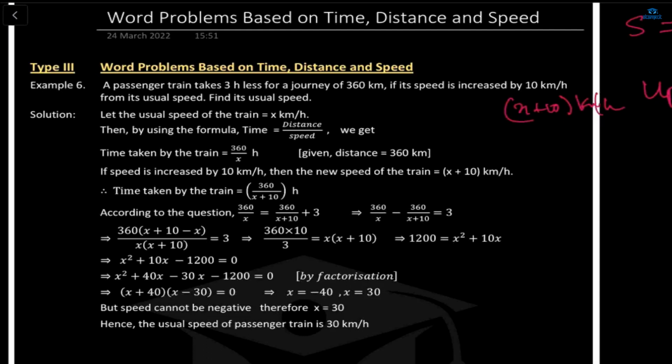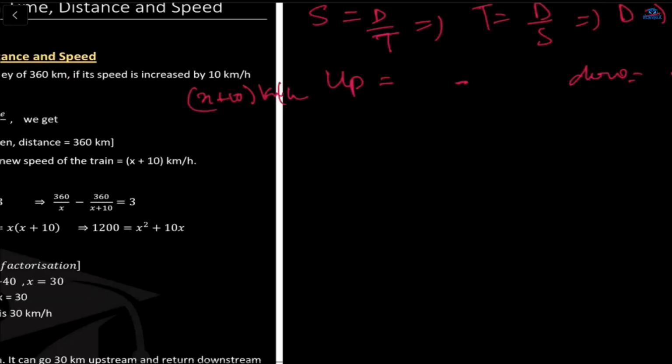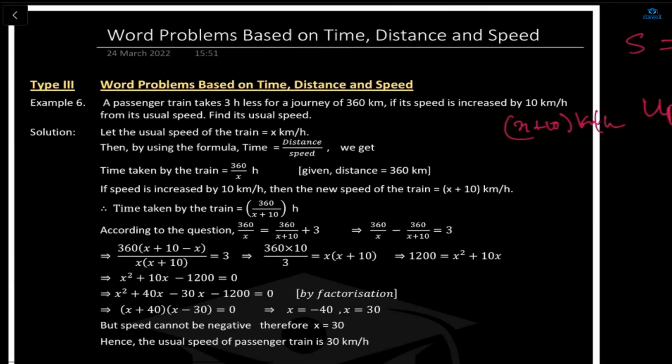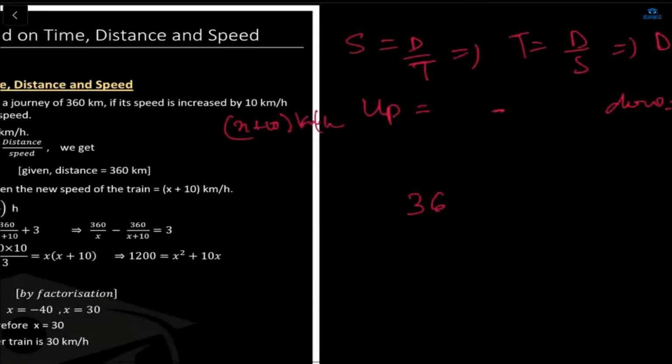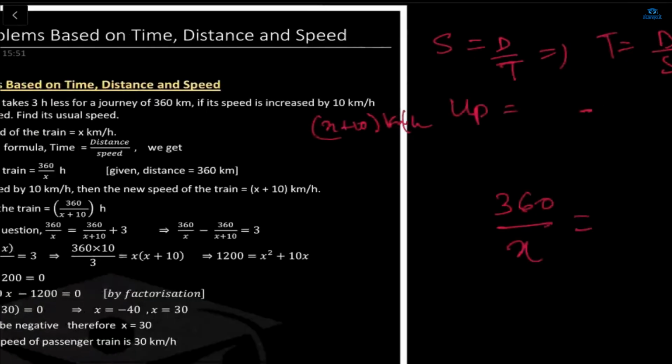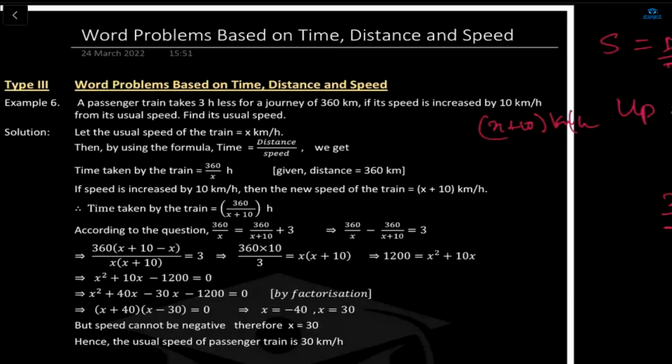Since it is talking about time, the passenger train takes 3 hours less, we are working with the help of time. So normally the time is 360 by x, which will be equal to the time for the journey of 360 kilometer at the increased speed plus 3.